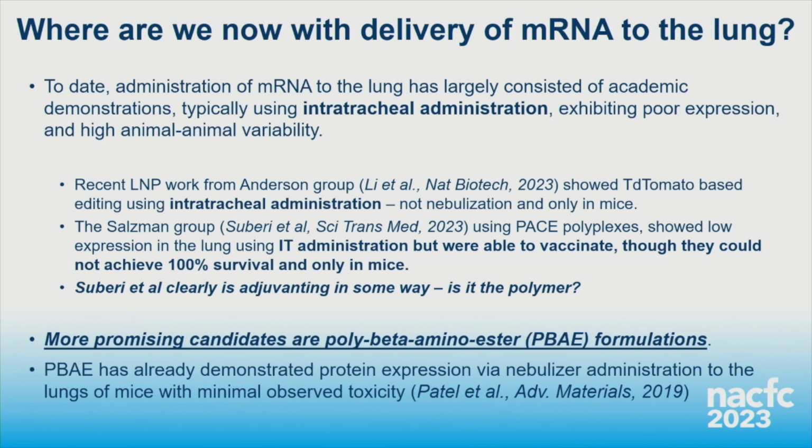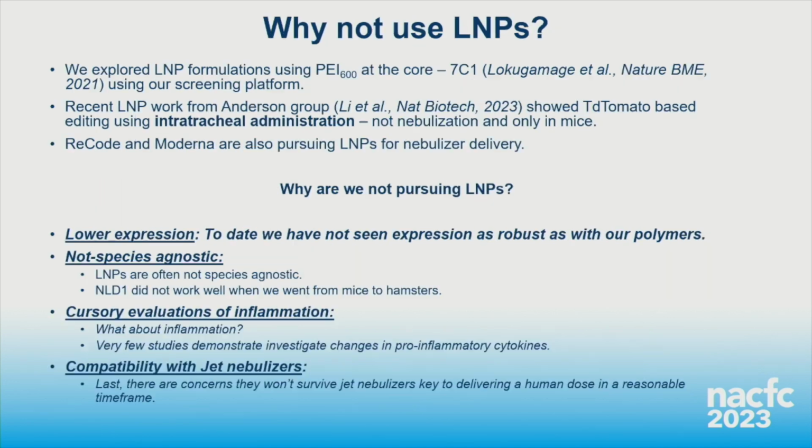So when we looked at delivery vehicles, we actually started with LNPs and with polymers. We were doing both. From a polymer perspective, we looked at one of Dan Anderson's other papers, on a PBAE-based vehicle, and we started with that. We also explored LNPs, and that was work that we did predominantly with James Dahlman's group.